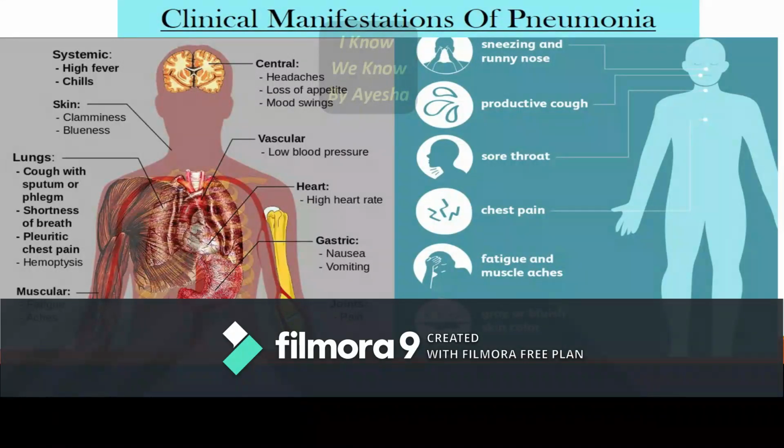Systemically, high grade fever along with chills. In the skin, clamminess, cool skin with bluish color, whereas in the lungs, severe cough with sputum, shortness of breath, and pleuritic chest pain. In muscles, the patient will complain of fatigue and aches all over the body.